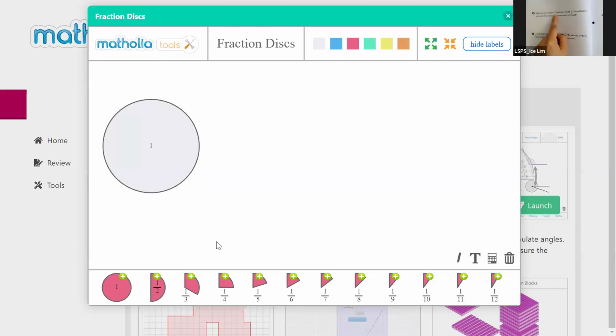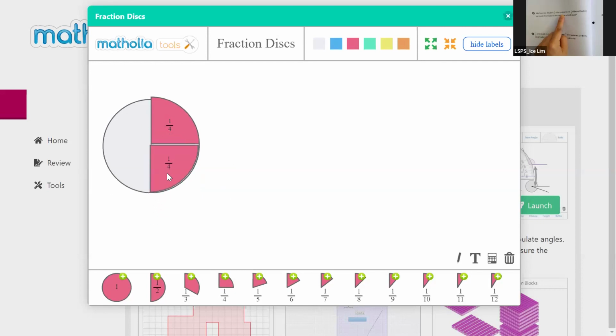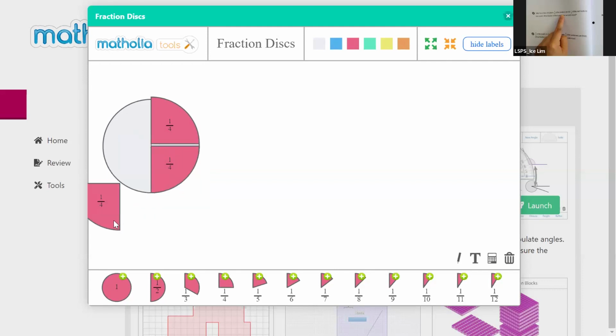In this box, 3/4 of the buttons are red. 1, 2, and 3. You can see? So 3/4 of these buttons are red.